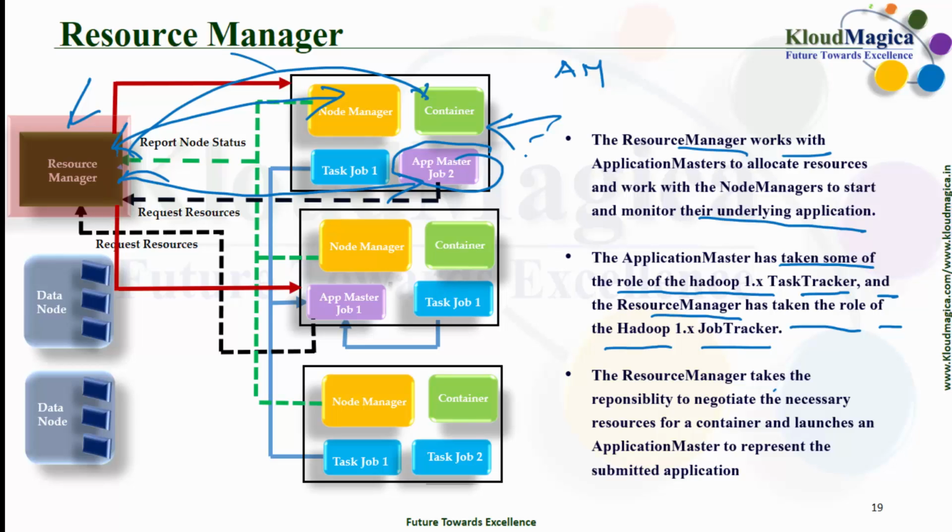Use of a YARN cluster begins with a request from the client consisting of an application. Upon execution of the application, the application master takes the responsibility to monitor the container until completion of the job.